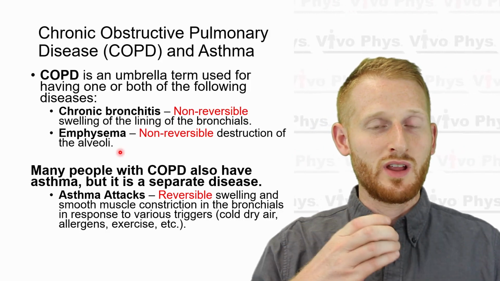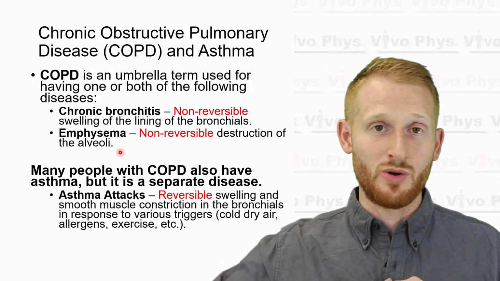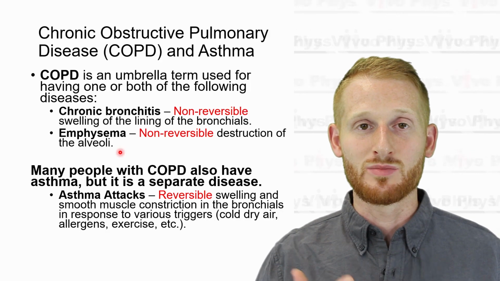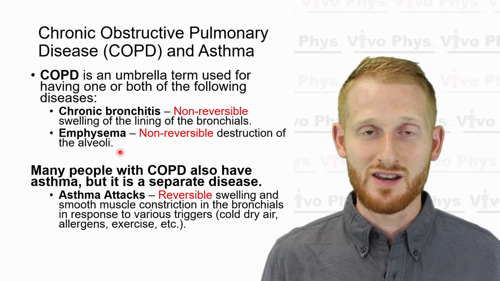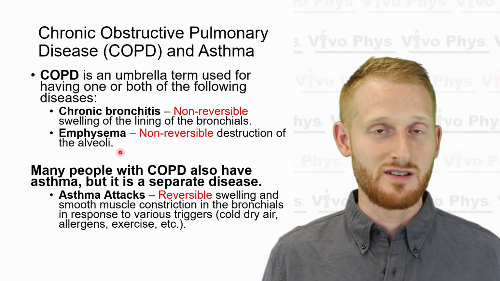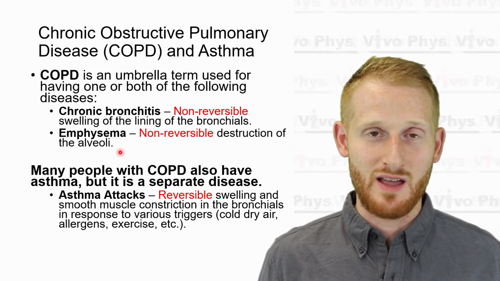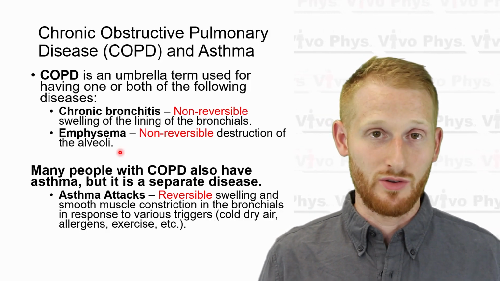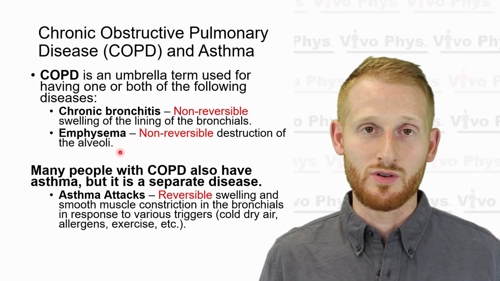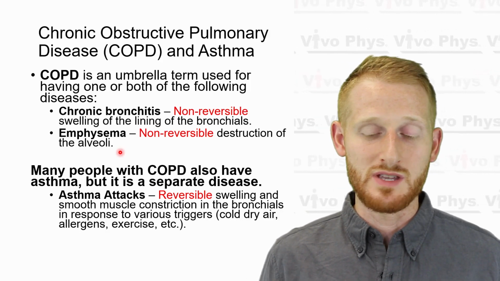If you have a swelling of those tubes that the air is going through, you're not going to be able to breathe as easily, and if it gets bad enough, that's going to cause some serious decreases in exercise capacity, maybe even a decrease in your activities of daily living, so your ability to do those and your general well-being.